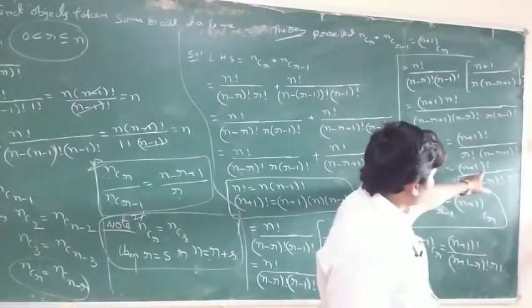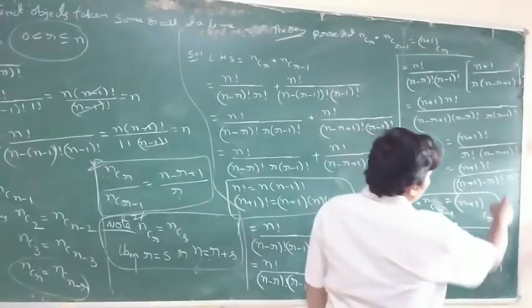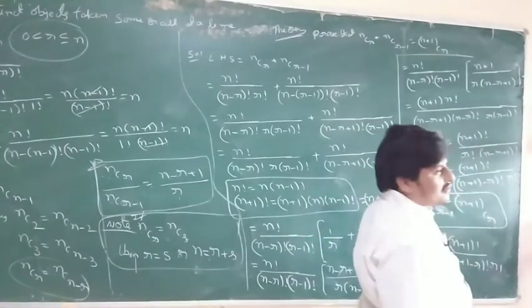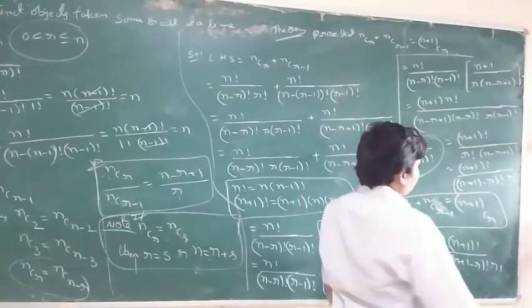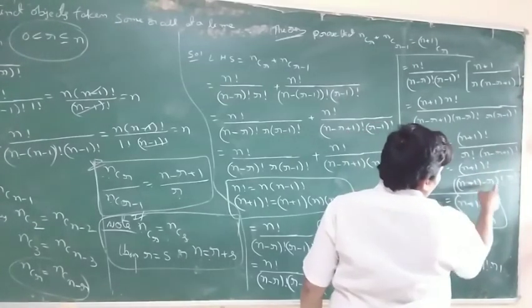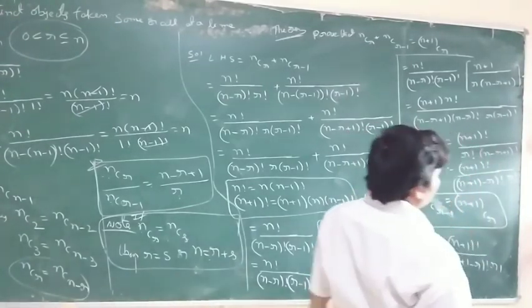So (n plus 1) factorial by r factorial into (n plus 1 minus r) factorial. So this is the nCr formula.